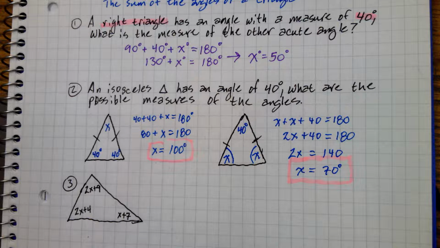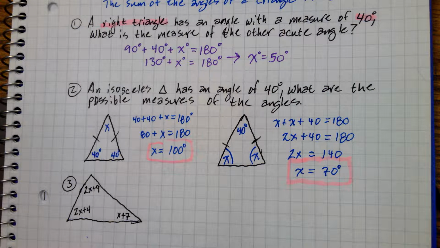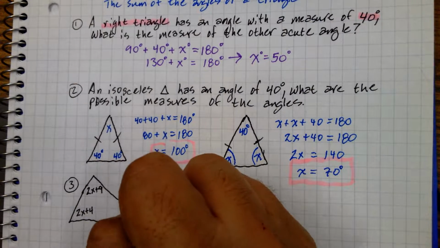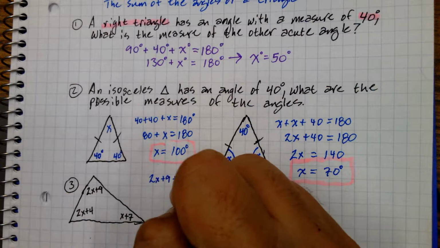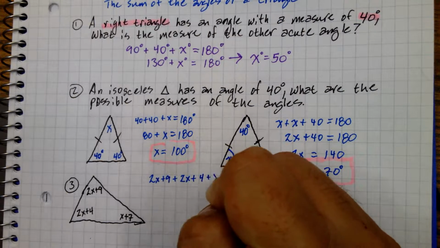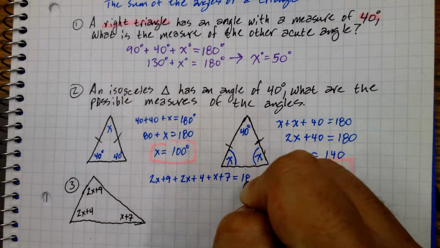So they're not giving us any angle measurements. But what can we say about the sum of all three of those angles? They make up 180. So we could still set up this relationship: 2x plus 9 plus 2x plus 4 plus x plus 7 is 180.